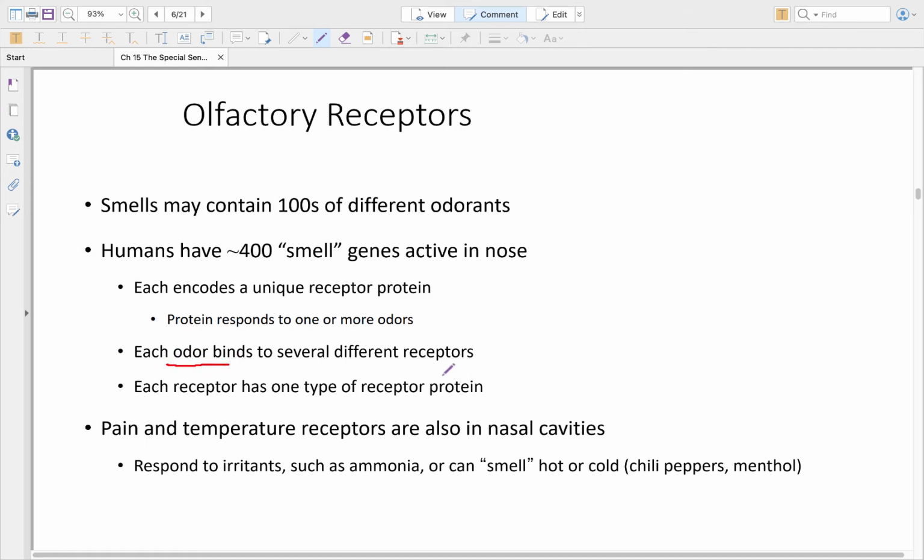Okay. Now, each receptor, unsurprisingly, has one type of receptor protein.